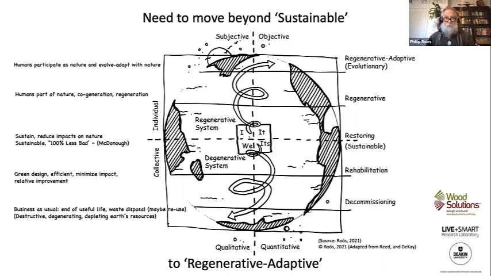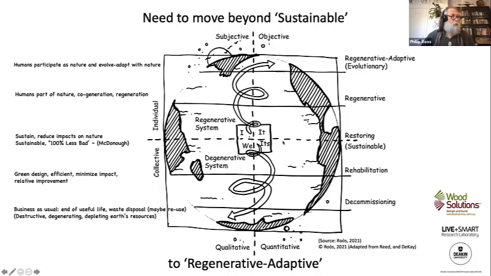To become regenerative means that we as humans must be part of nature and evolve further. So I will just spend a little bit of time on this diagram that reflects how we need to move beyond the sustainable mindset and sustainable thinking. If you look in the middle here, it says sustainable.